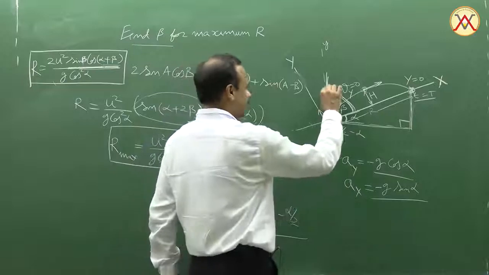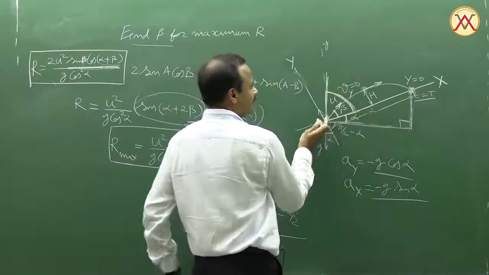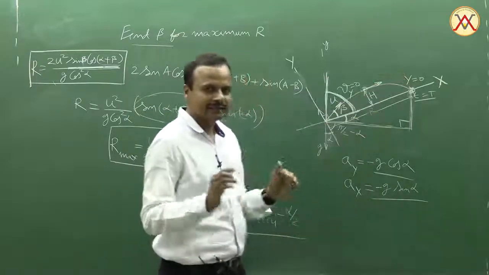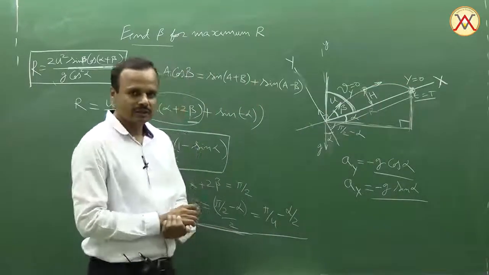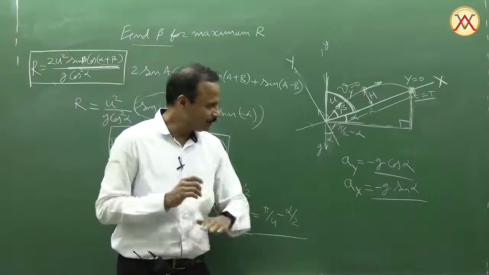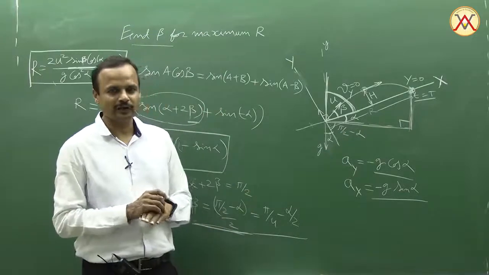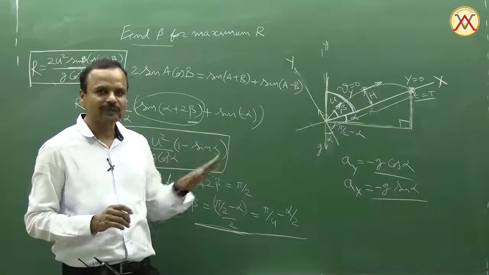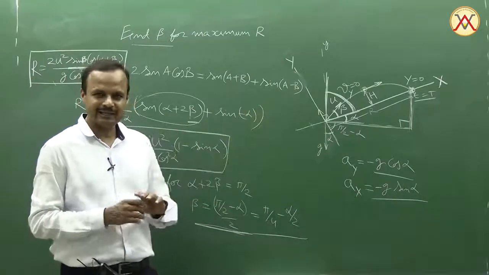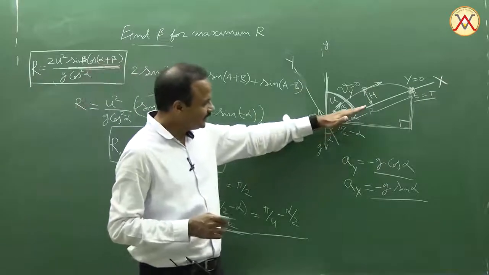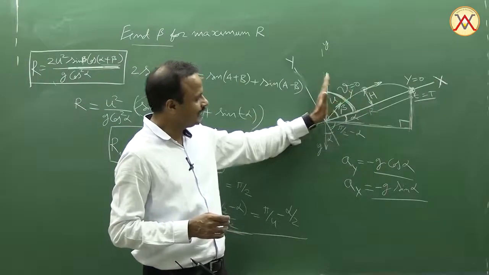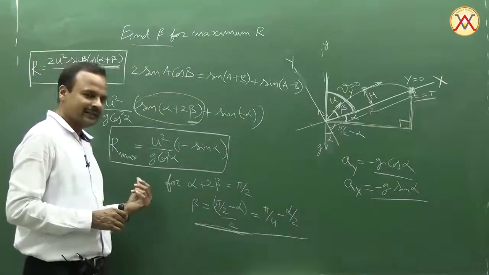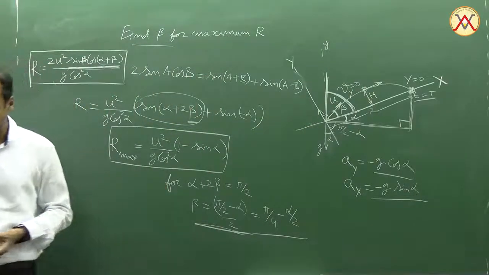That means if beta bisects this angle between inclined plane and vertical, we are going to get the maximum range. In case of the projectile on a horizontal plane, we got maximum range when the angle between horizontal and vertical was being bisected, or at theta equal to 45. Here, the angle between inclined plane and vertical is to be bisected for getting the maximum range.